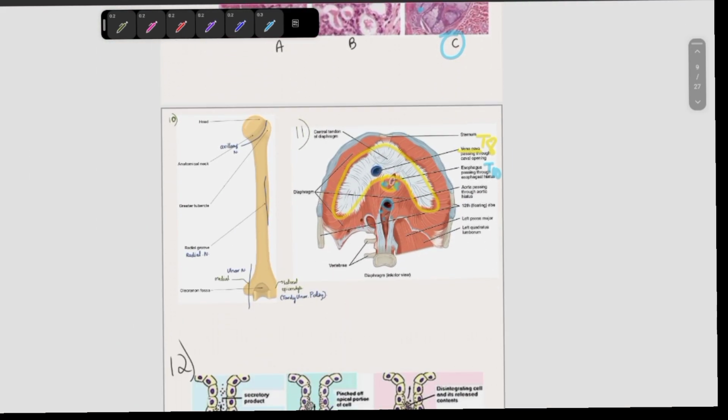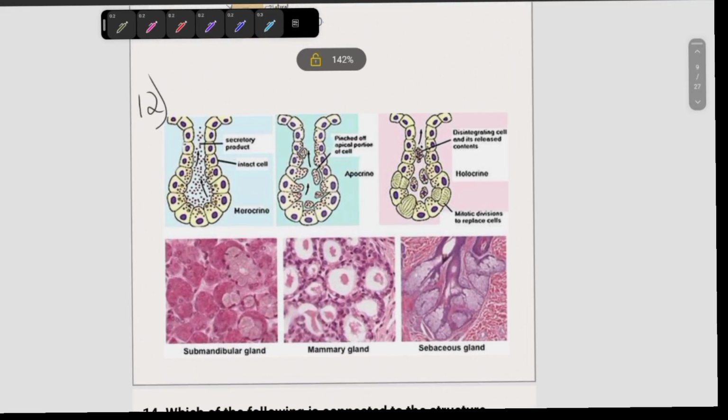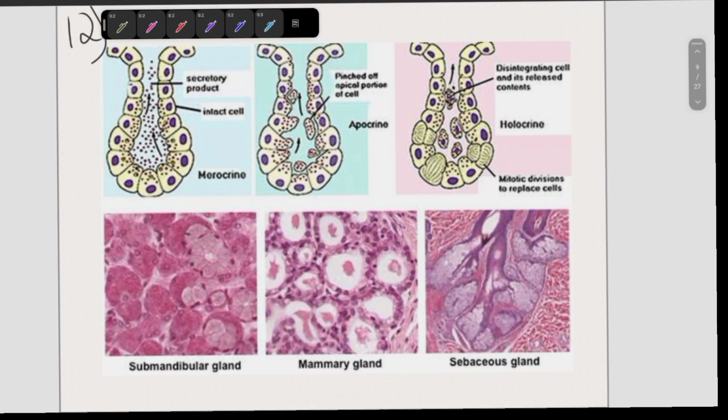All other glands, let us discuss. The first one is a merocrine gland. Here only the secretions will come out, not the gland or apex. The example is sweat glands, and the submandibular gland is also an example for merocrine gland, the salivary gland.